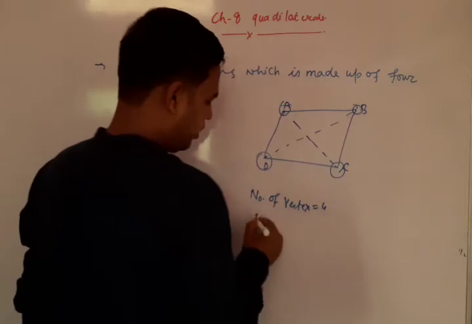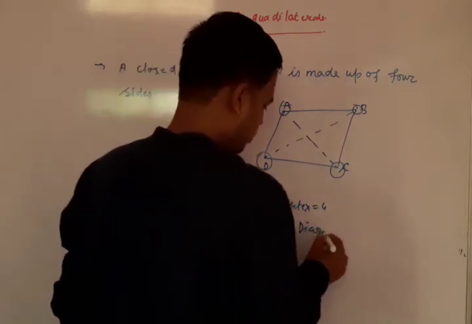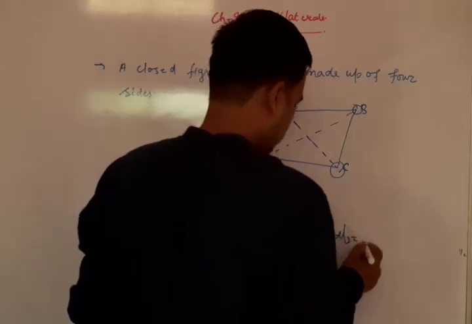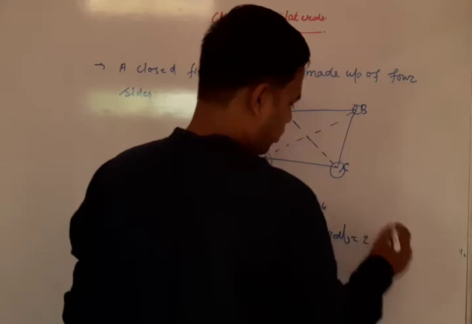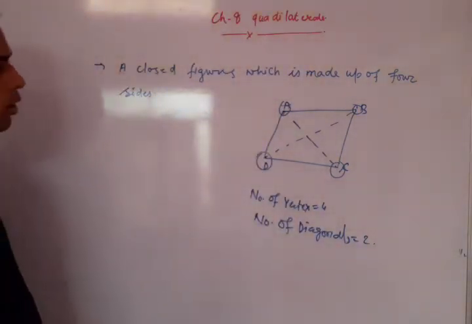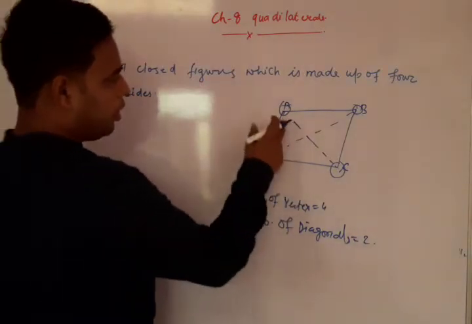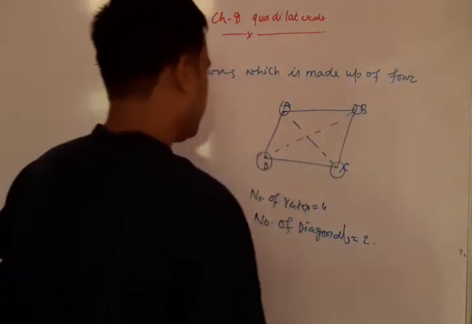Number of diagonals will be 2. Now here angle A will be opposite of angle C, angle B will be opposite of angle D.